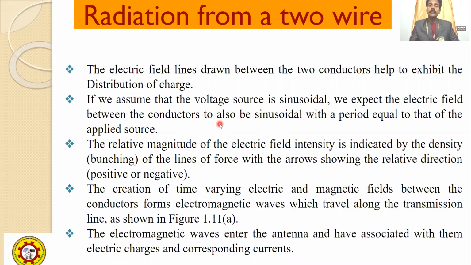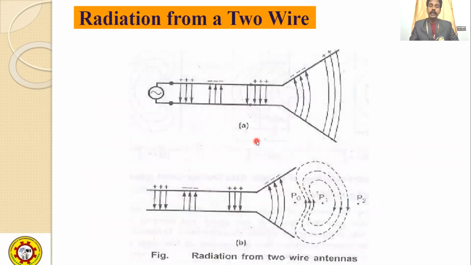Therefore, the corresponding relative magnetic field intensity, indicated by this bunching of lines of force, travels, and the arrows show the relative direction, positive and negative. This creation of time varying magnetic and electrical fields travels along this transmission line, as shown in our previous figure.